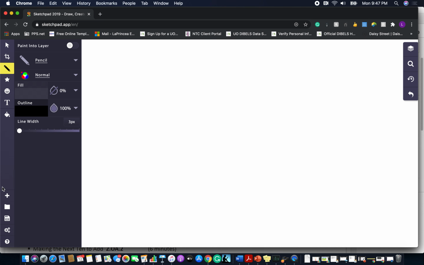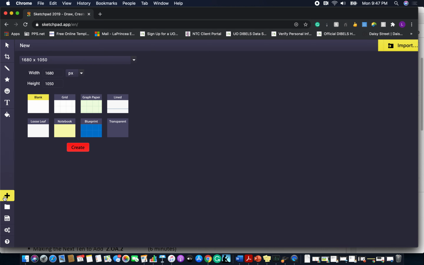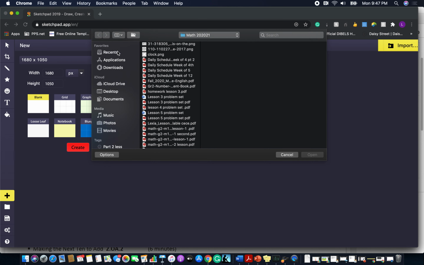My problem set, and we're going to practice measuring objects using the problem set, or the homework, which you guys don't get. You just get the problem set. So we're going to practice measuring objects with the centimeter cube using these photos on your homework.